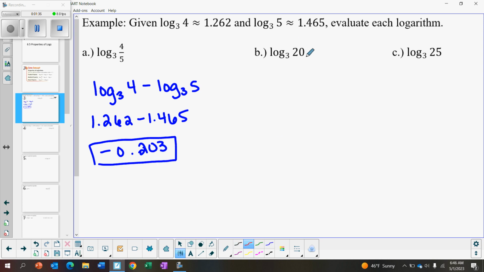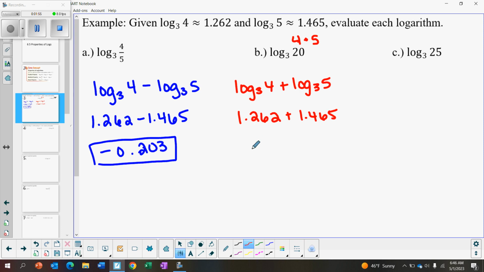All right, the next one, 20. To rewrite 20 as 4 and 5, that's really 4 times 5. And we just saw that multiplication becomes addition. So this is log base 3 of 4 plus log base 3 of 5. So now it's going to be 1.262 plus 1.465, and we get 2.727.